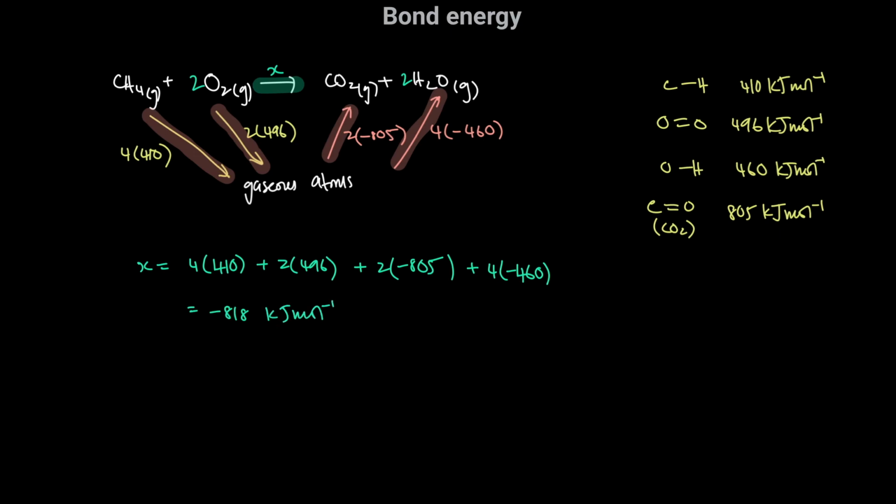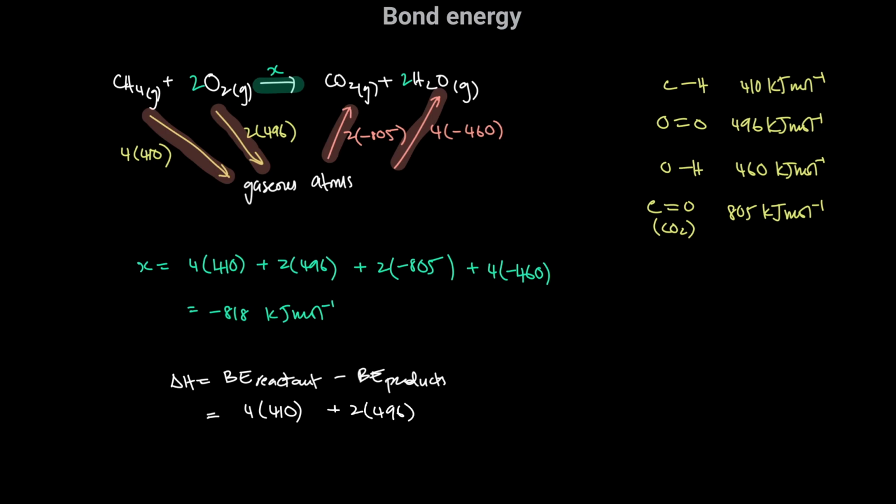Now obviously you can just say that the enthalpy change of a reaction is the bond energy of the reactants minus the bond energy of the products. The bond energy of the reactants: you have 4 moles of CH bonds, so you have 4 times 410 plus 2 times 496.